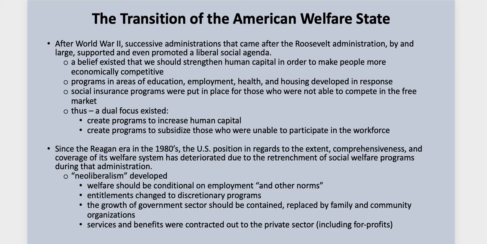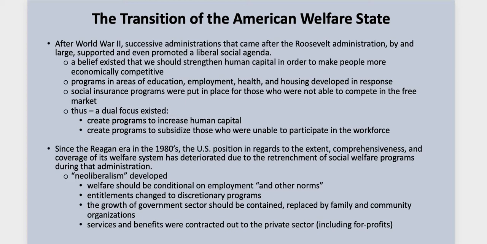So the belief existed that we should strengthen human capital in order to make people more economically competitive. We needed to ensure that individuals had a fair shake and an equal opportunity if they were going to be able to be competitive economically. And so programs were set up to help those individuals in areas of education, employment, health, housing, those kinds of things.